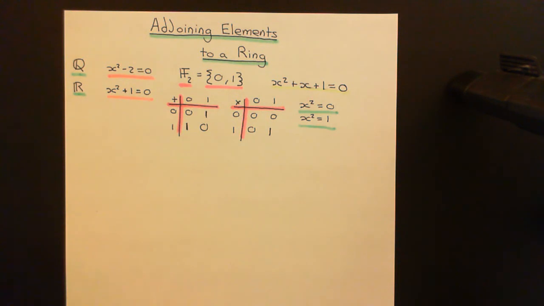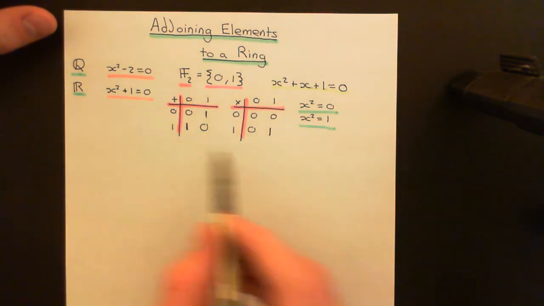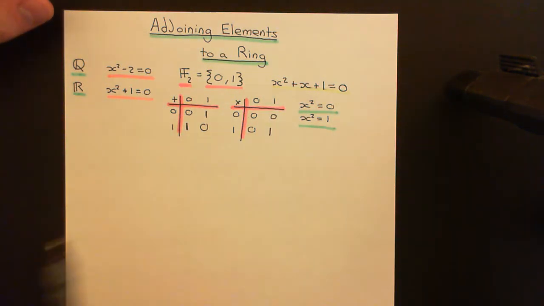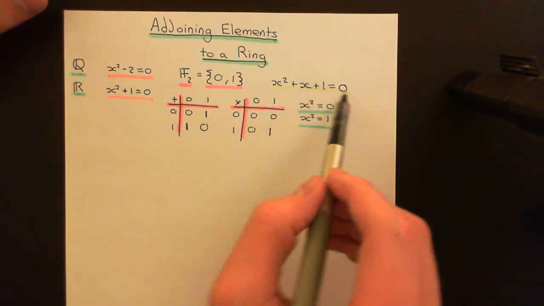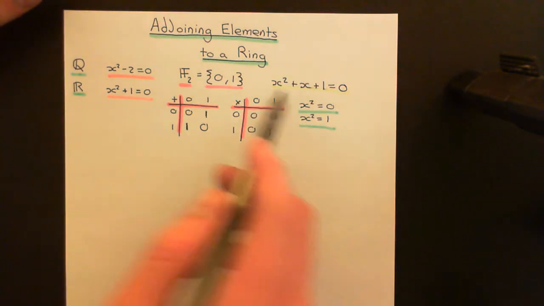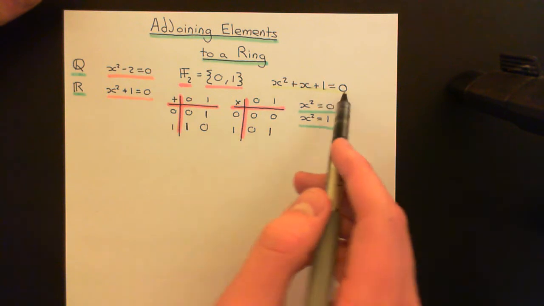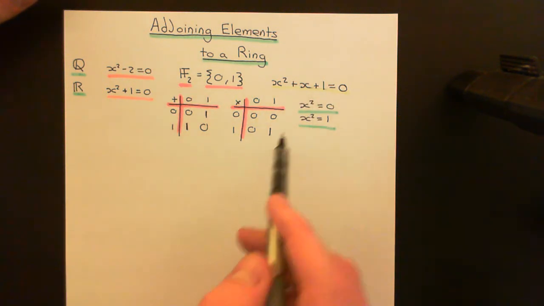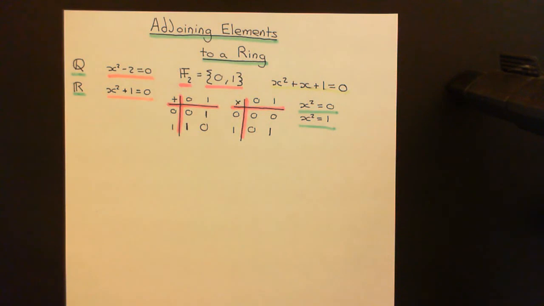Okay, and of course the new number system that I'm going to get, the ring extension if you like, is going to have to contain all of the original ring, otherwise this equation would no longer make sense. Well, because it's only involving 1 and 0, I suppose it would make sense because they have a meaning in all other rings. But normally, if this contained elements other than 1 and 0, you would have to have the original ring contained in there for the polynomial to still make sense.